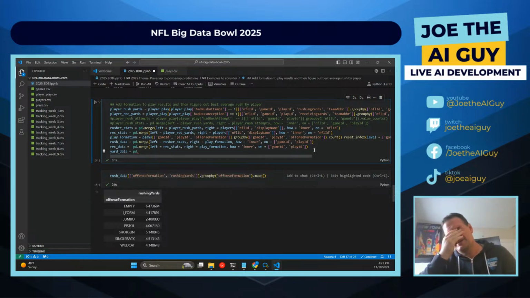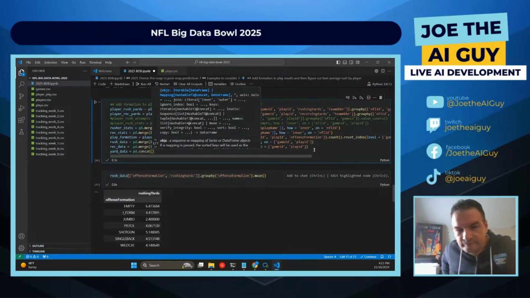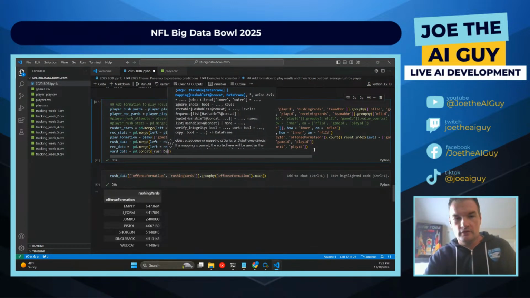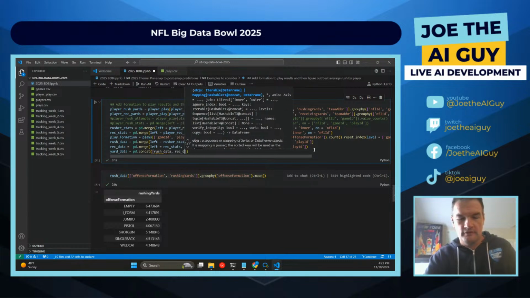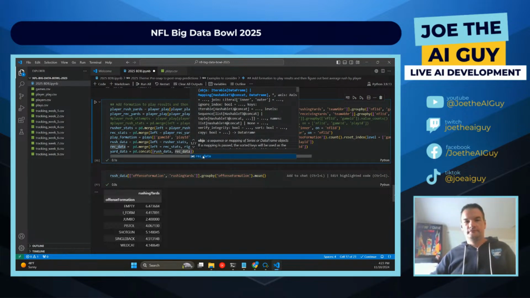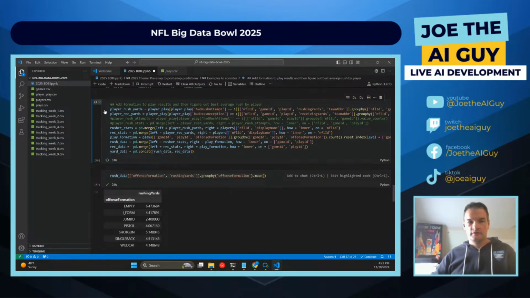This should be concatenating the two together. Rush data, rec data. Let's see this come out.